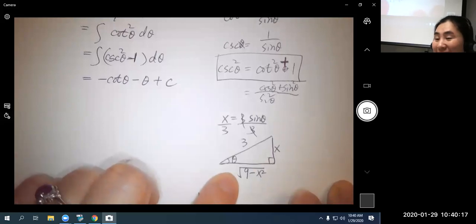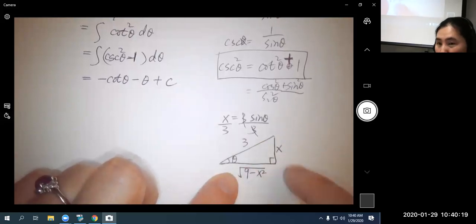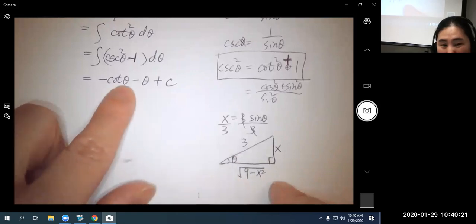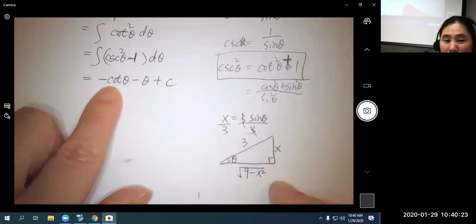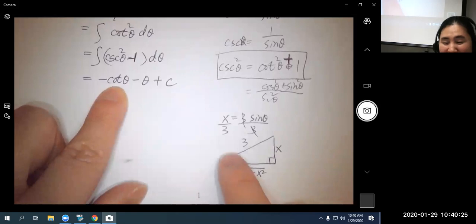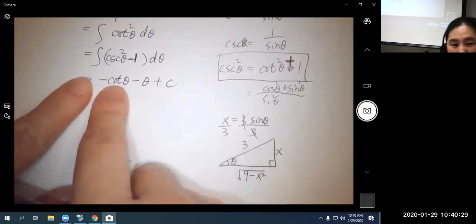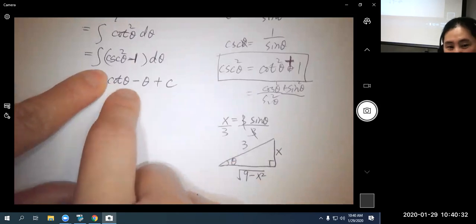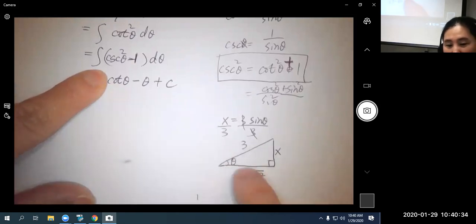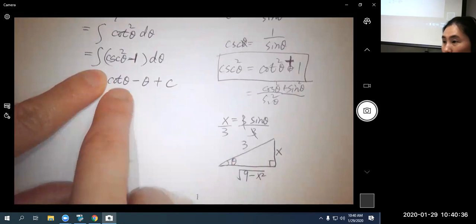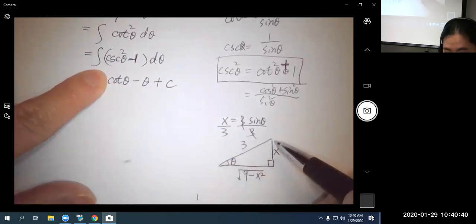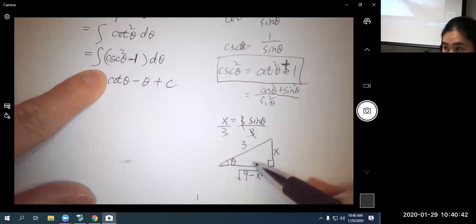We always have to make sure we know the 3 sides, because eventually this answer may not be sin of x, it may be something else. So now, what is cotangent theta by using the 3 sides? If this is theta, tangent should be opposite divided by adjacent.